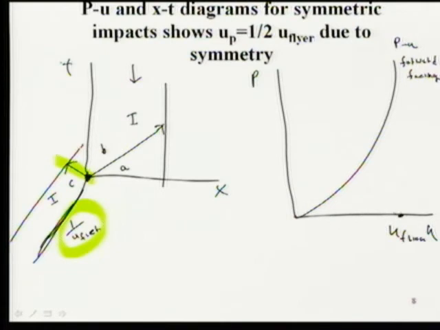If I've drawn this correctly, this would be the PU diagram for the flyer, or a backward-facing wave in the flyer.